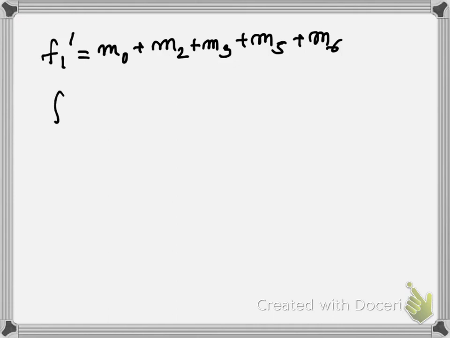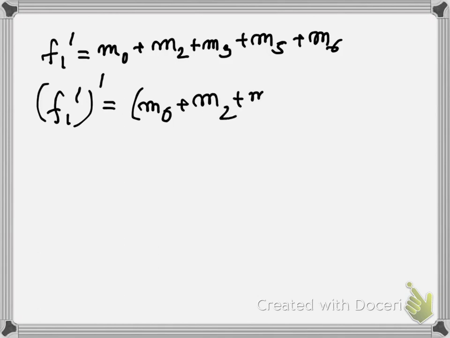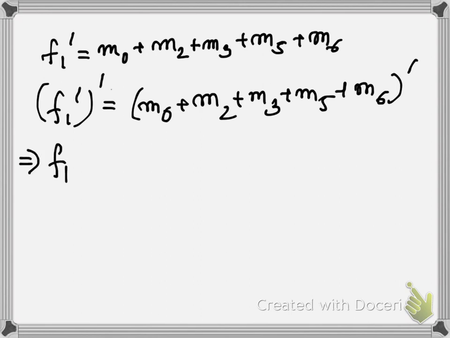Now what do we do? We take the complement of this. What you get is the complement of m0, m2, m3, m5, m6. Now the complement is f1 itself. And how do we write this?